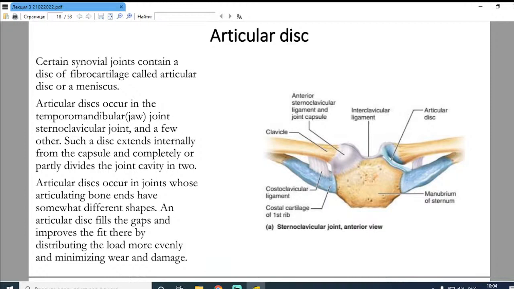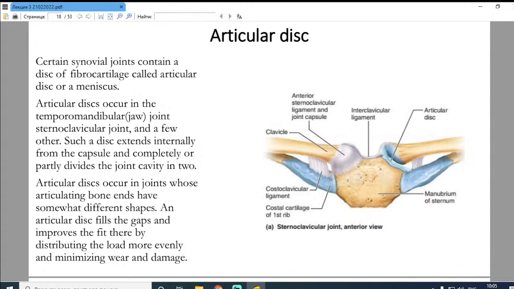Such a disc extends internally from the capsule and completely or partly divides the joint cavity into two cavities.